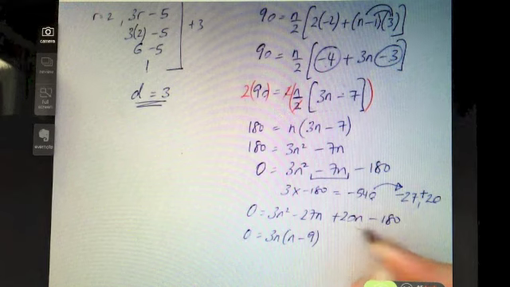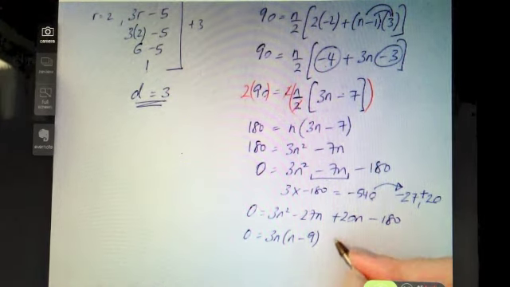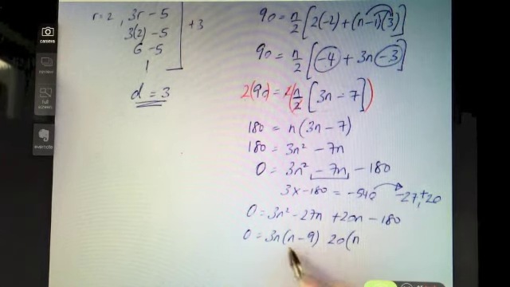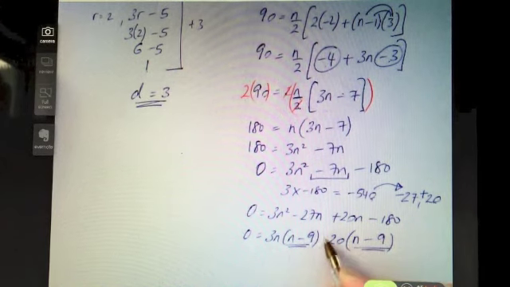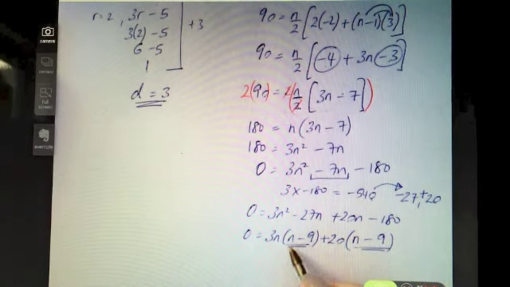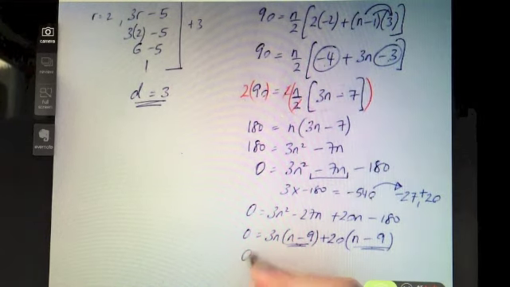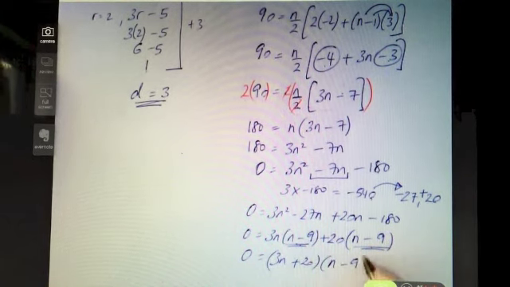And what's common to 20n and minus 180 is, of course, 20. And I would need to multiply by an n. Remember, you always want to get these brackets the same. So n minus 9 is what you need here, which would make that a positive. That works out. You're on the right track then when these 2 are the same. So last step then, bring these 2 into the first bracket, and the repeated bracket is the second bracket.